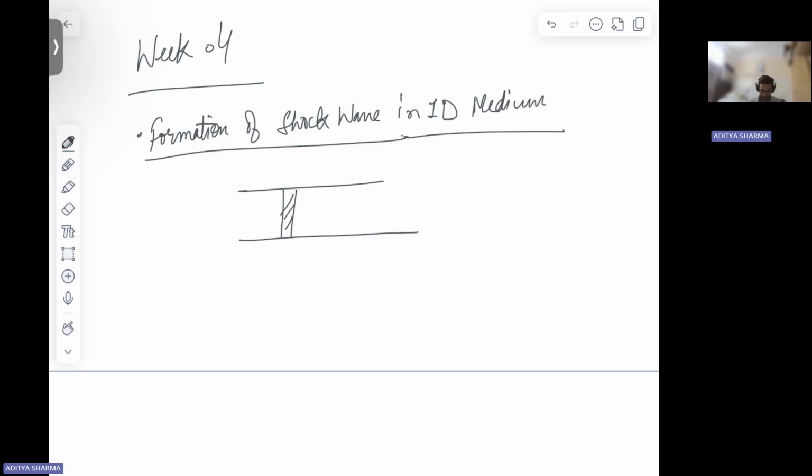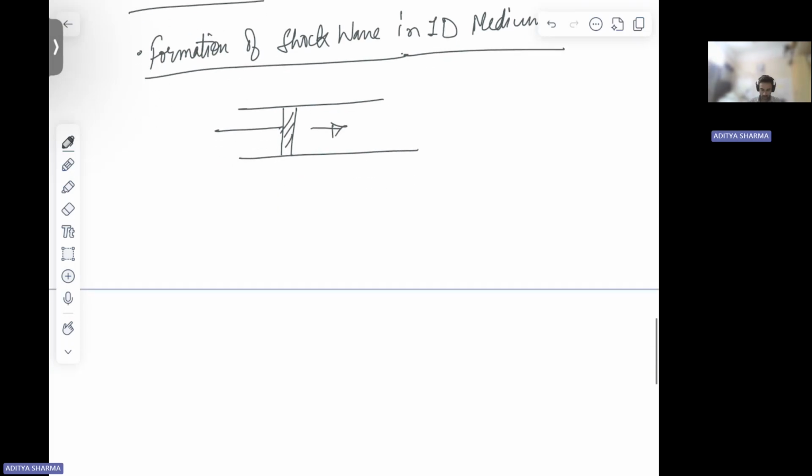So we take a piston, we move it in this direction. Okay. So this moving of piston is going to give you a compression wave.